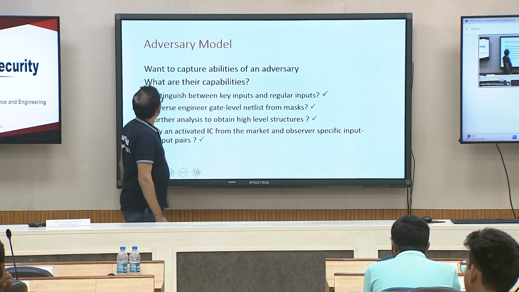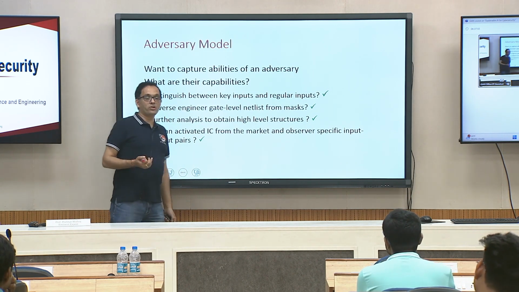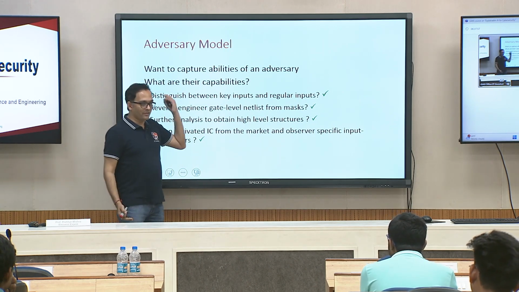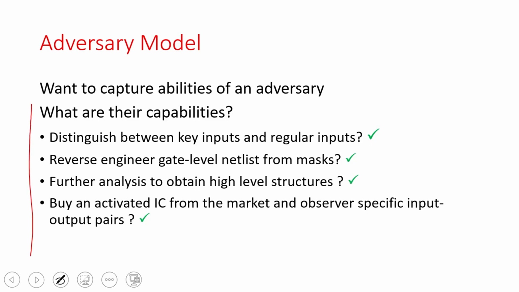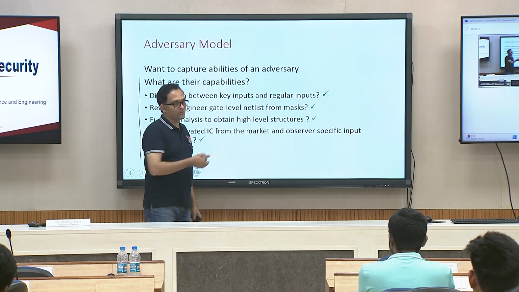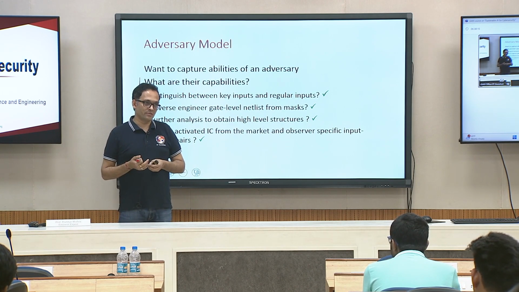In any security domain, the first thing is the attack model or the adversary model. So let us list out what the attacker can have. The attacker can reverse engineer the netlist. You have the layout, and I have already shown you the reverse engineering process, and they will get a locked netlist design.